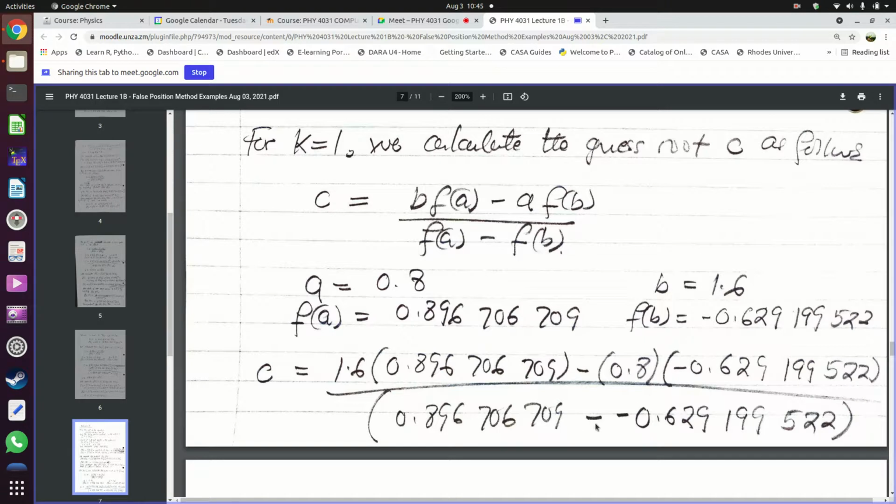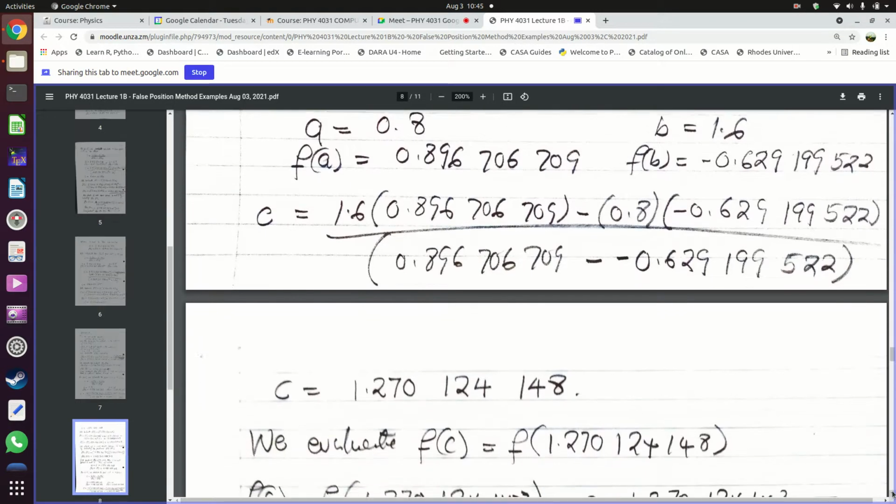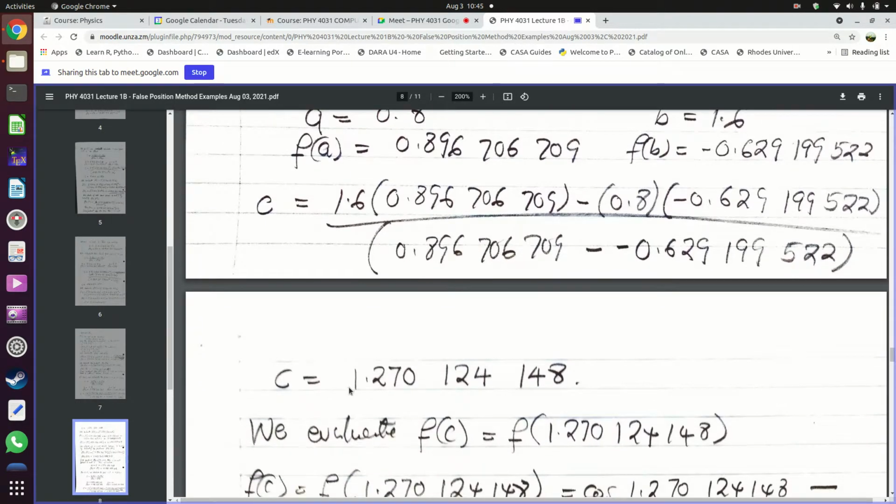So you've got a negative that's going to turn out to be positive. When you do that, you end up having c equal to 1.270124148. Remember, our bracket was 0.8 to 1.6.